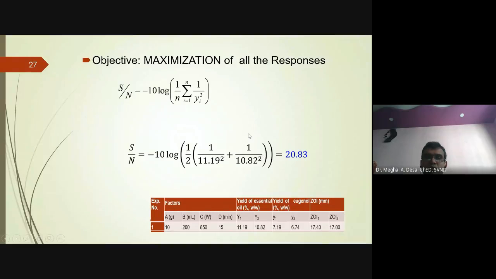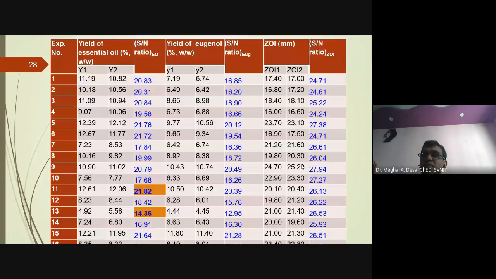Upon substituting the information in this equation, what I got is the signal to noise ratio for the essential oil yield. Similarly, I can find signal to noise ratio for eugenol and signal to noise ratio for zone of inhibition.